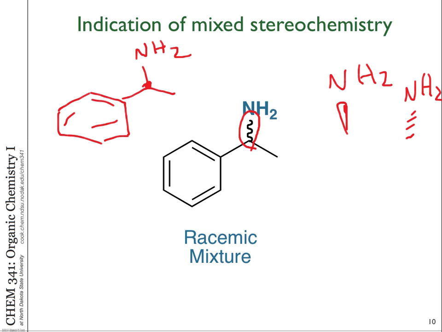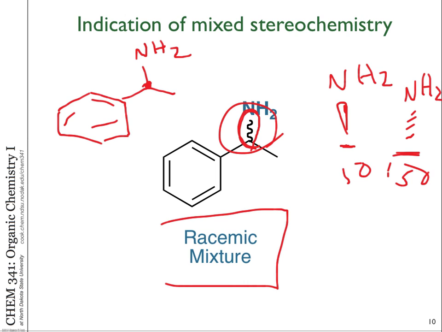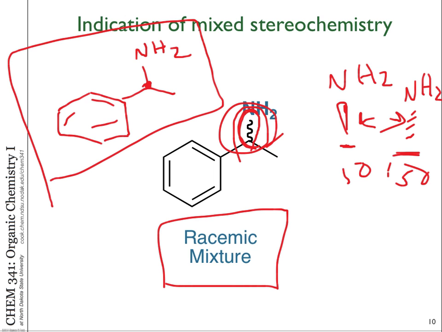So instead of having to write both of those molecules, showing one this way and one this way, and then saying it's 50-50, we can just write a squiggled line for a bond, and that tells us that we have a racemic mixture. Okay, and so that's another representation to say something about the stereochemistry, not that it's pure one or the other, but that it's racemic. Okay, this representation with no indication of up or down or a mixture, you can't assume anything. Okay.